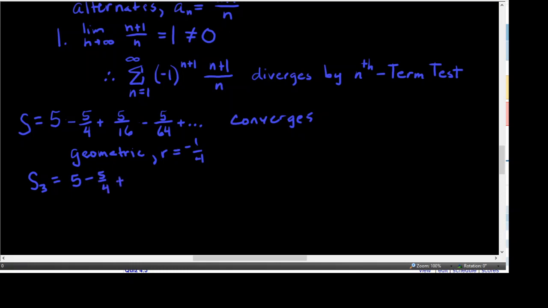The idea is that the next thing that we add or subtract is getting closer and closer to 0 here. So kind of keep that in mind.